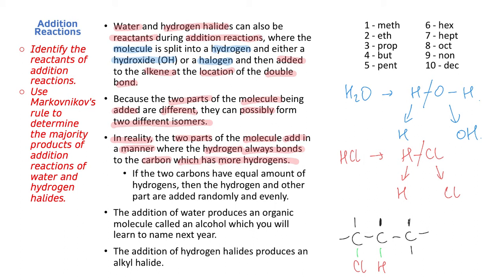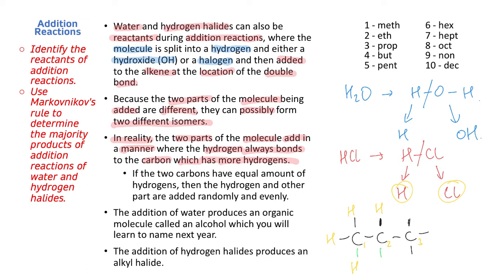Back to this example where we just do the hydrogen halide. Let's call this number 1 carbon, number 2 carbon, number 3 carbon. The number 1 carbon is bonded to two hydrogens here, and the number 2 carbon is bonded to one hydrogen. So the hydrogen from the hydrogen chloride is going to bond to the carbon which has more hydrogens, which happens to be carbon number 1.